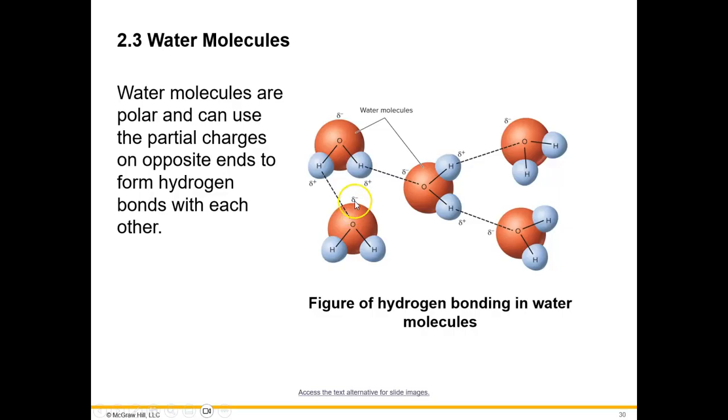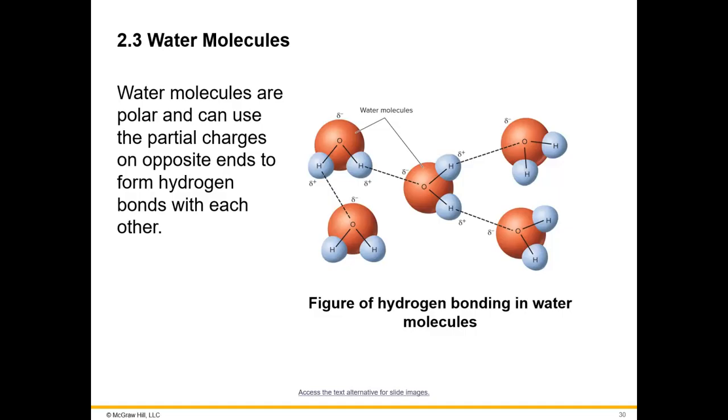Because we have a partial negative charge by this oxygen, we have an affinity to bind with a hydrogen bond to the opposite end of this hydrogen on this water molecule. So you can see our partial negative side of this water is binding to the partial positive side of this water molecule. And that's really all we're talking about with our hydrogen bonds.